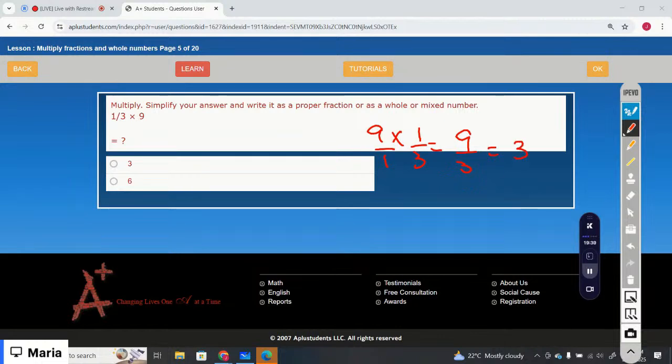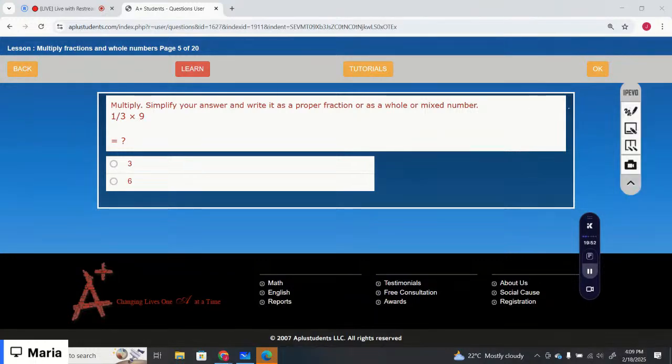So 3 times 3 is 9. The correct option is 3. Option number 1 is the correct option, that is 3.